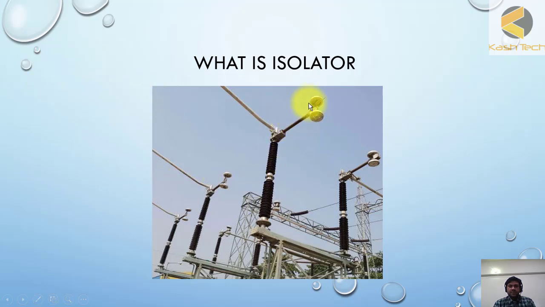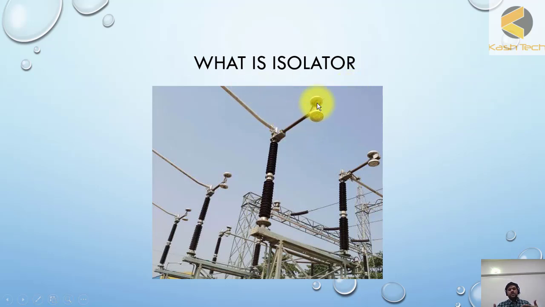Here you can see physically how isolators look. These are the contacts of the isolator, and these are the corona shields, which are basically to bypass the arc. There are two types of isolators.